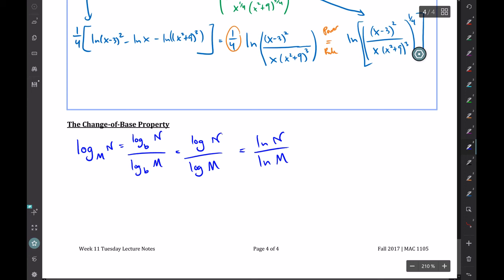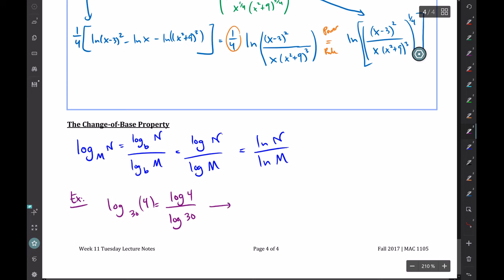And again, this is really important if you're using a calculator, one of these scientific calculators. As an example, if you need to evaluate log base 30 of 4, then you could write that as log 4 over log 30.